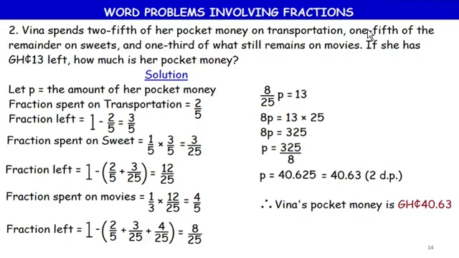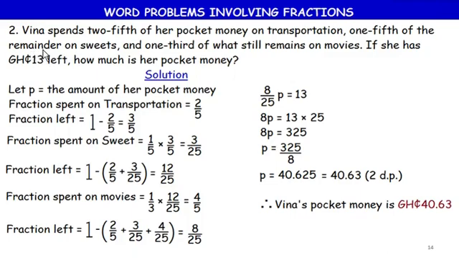Let's look at the second statement. 1/5 of the remainder on sweets. So she spends 1/5 of, and of means times, the remainder on sweets. So how do we get the fraction spent on sweets? It is 1 over 5 times the remainder.